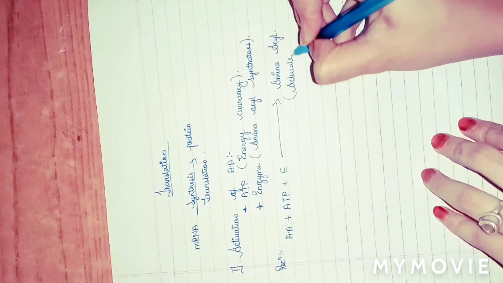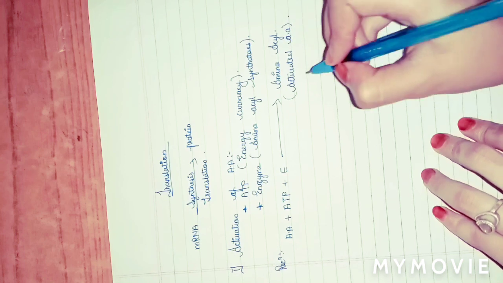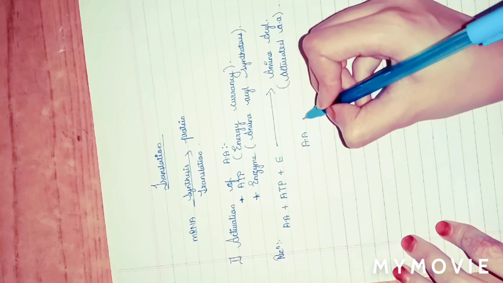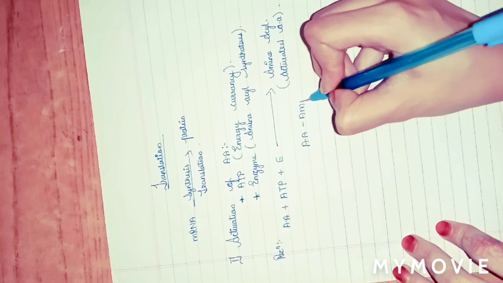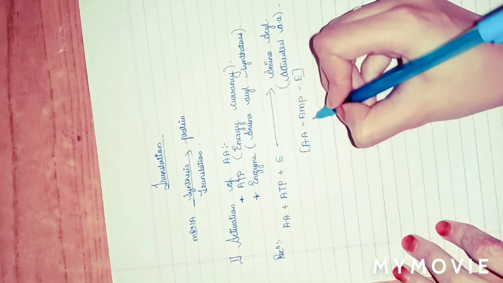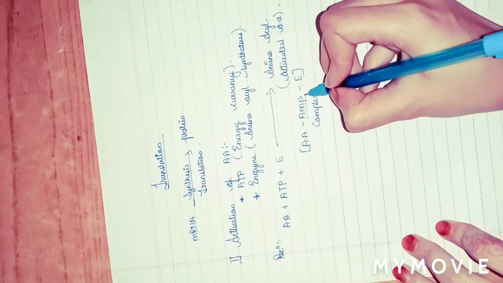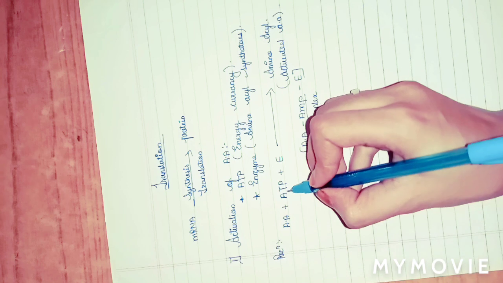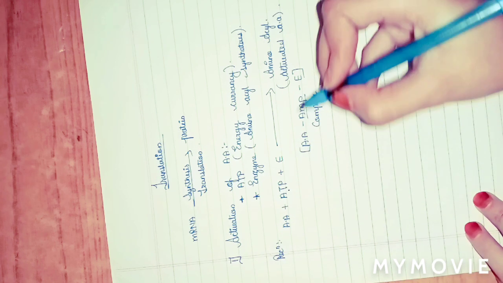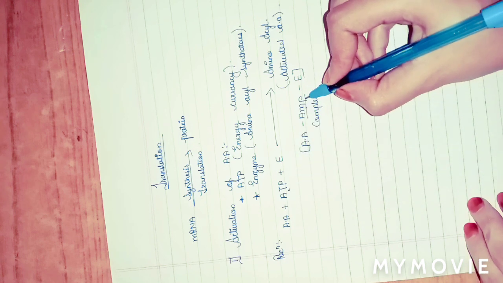Now the remaining are AMP and enzyme. This complex remains separately. AMP means what? Here three phosphates are present, here a single phosphate is present. This is adenosine triphosphate and this is adenosine monophosphate.